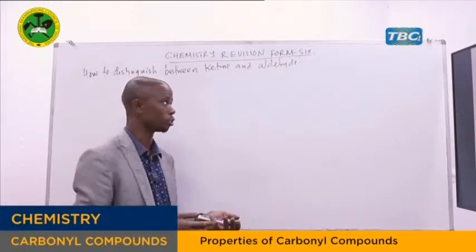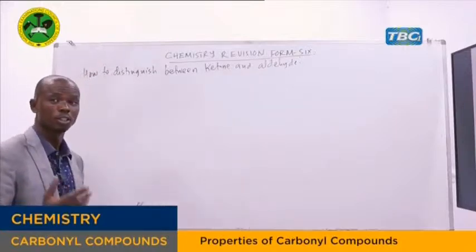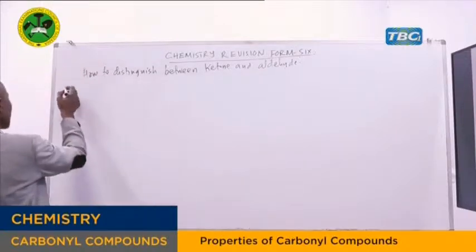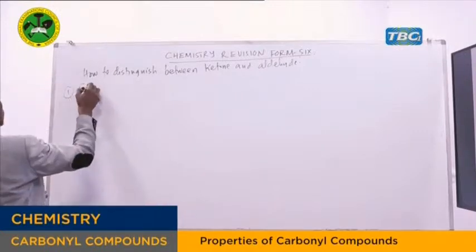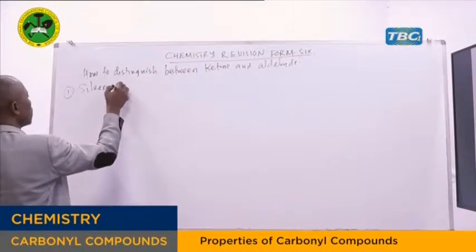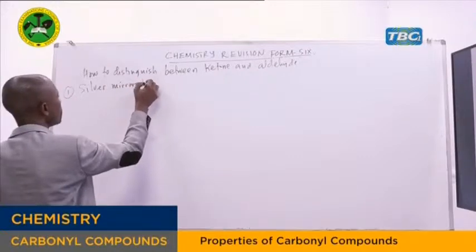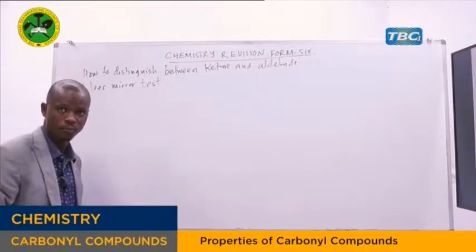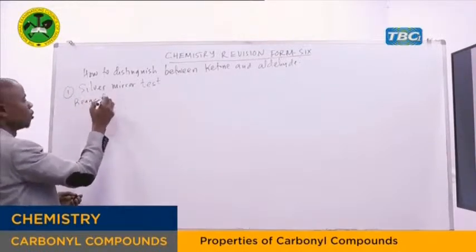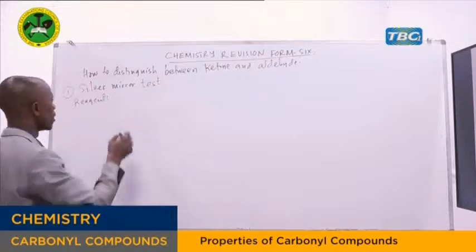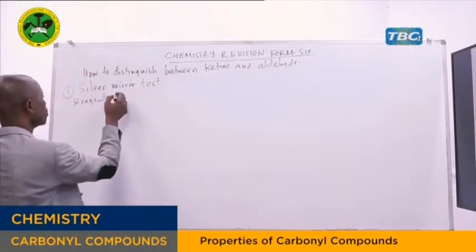How can you distinguish? Now here, there are two reagents you can use. Number one, we have the silver mirror test. This silver mirror test uses the reagent which is called ammoniacal silver nitrate, or Tollens' reagent.